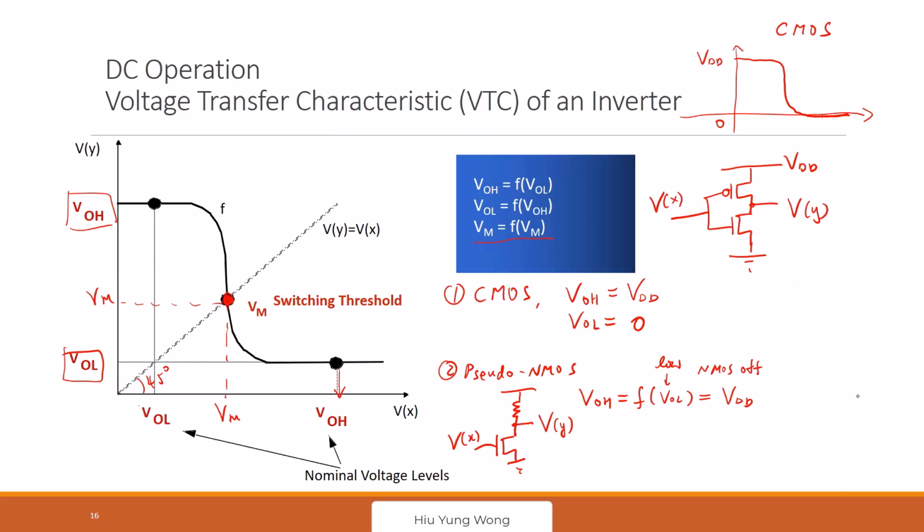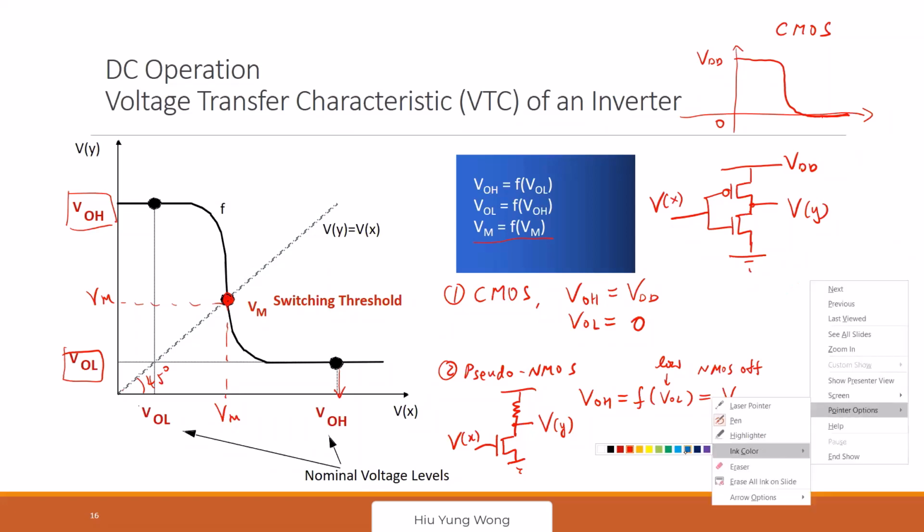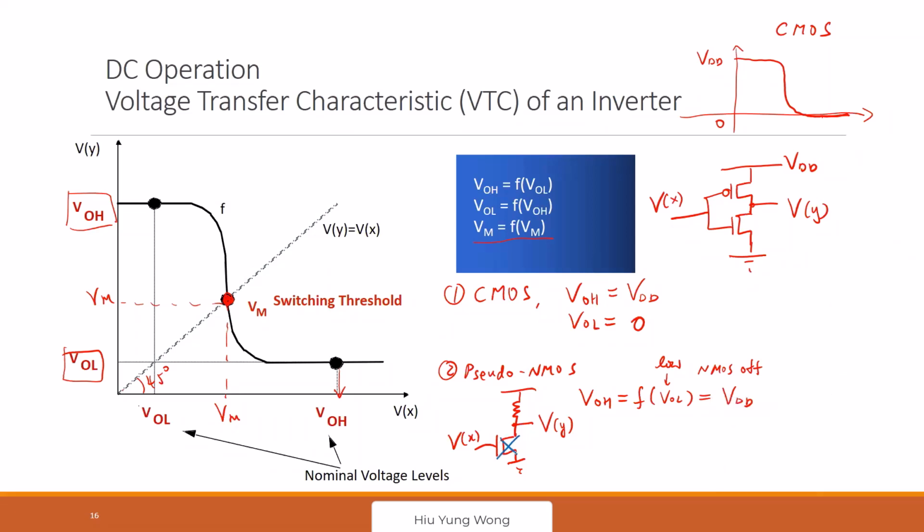You just told me this is off, so do we still have a drop? There won't be any current. Correct. There will be no current, so there will be no drop because I equals 0.